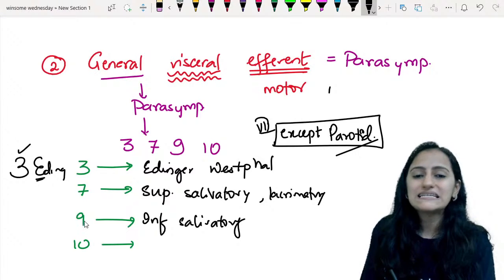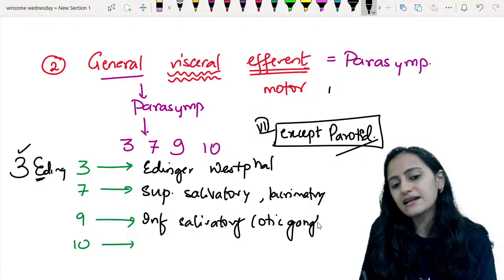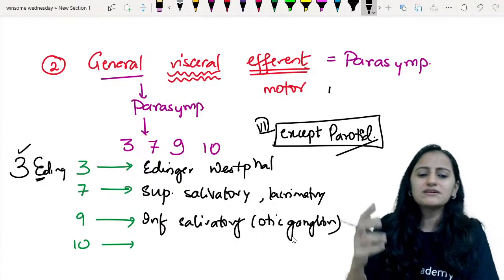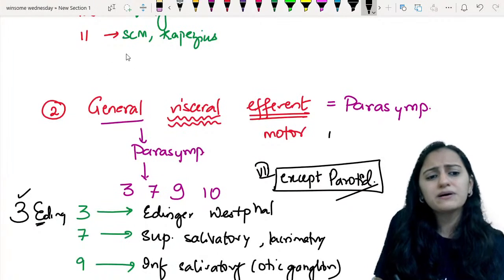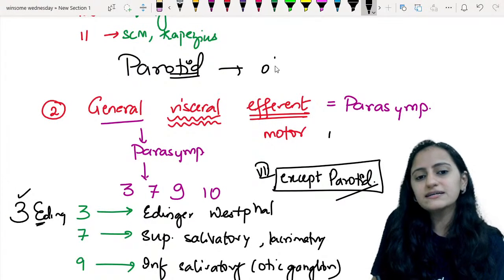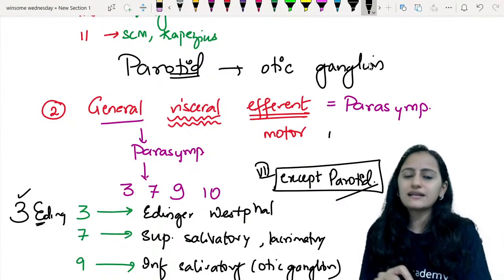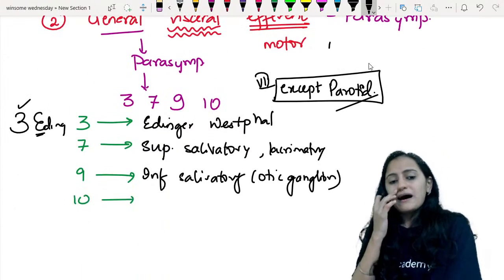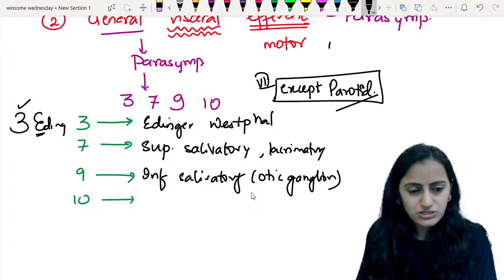It is supplied by the 9th. That is, you have otic ganglion. We'll see some other time the ganglia in the head and neck. So the trick to remember is that parotid is supplied by your otic ganglion. बाकी जो आपके हैं वो होता है टेरिगोपैलेटाइन गैंग्लियन और सबमैंडिबुलर गैंग्लियन.